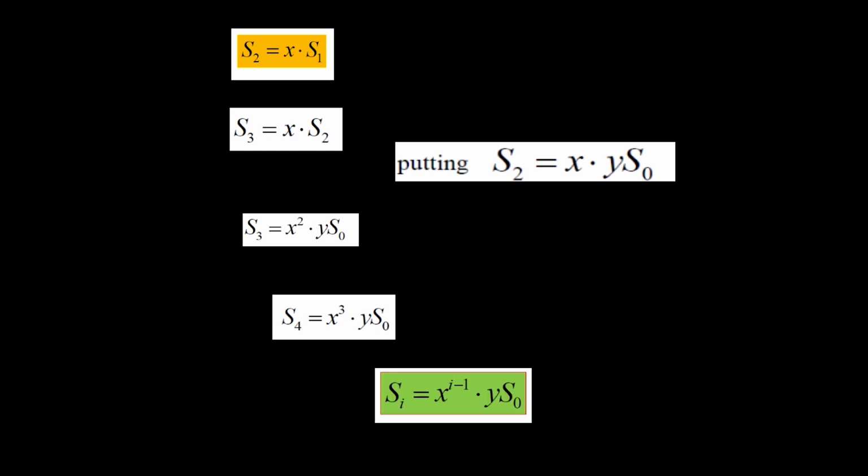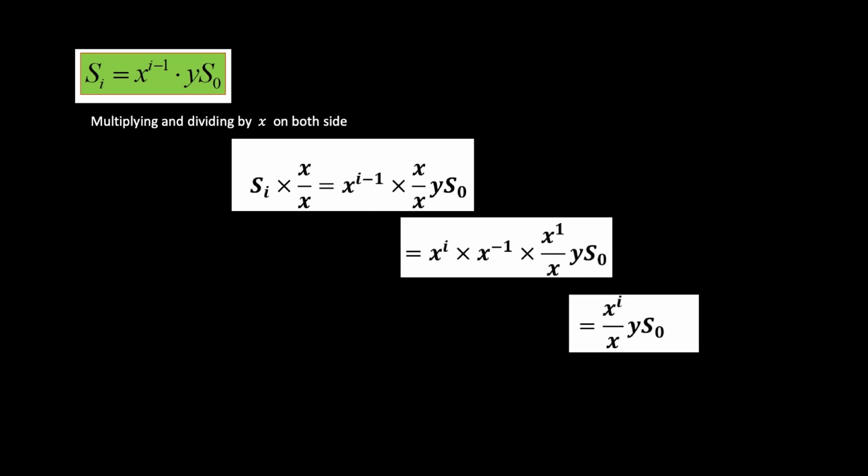So, Si can be written as Si is equal to X to the power i minus 1 into YS0. Multiplying and dividing by X on both sides, that is Si into X by X is equal to X to the power i minus 1 into XYS0 divided by X. We get X to the power i into X to the power minus 1 into X to the power 1 YS0 divided by X. X to the power minus 1 and X to the power 1 cancel off.